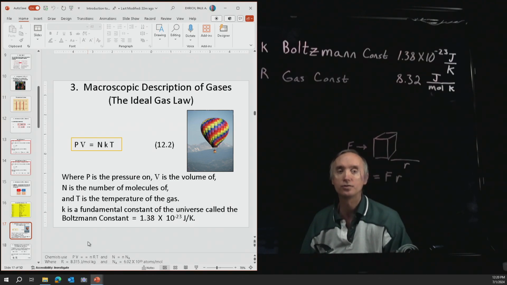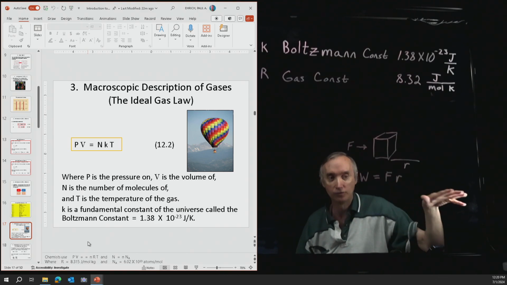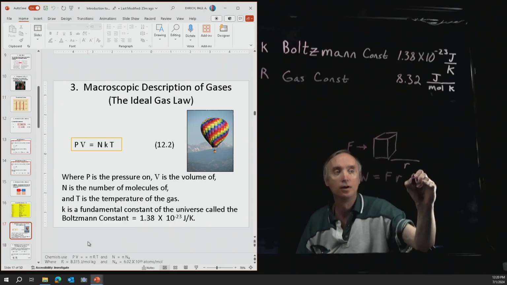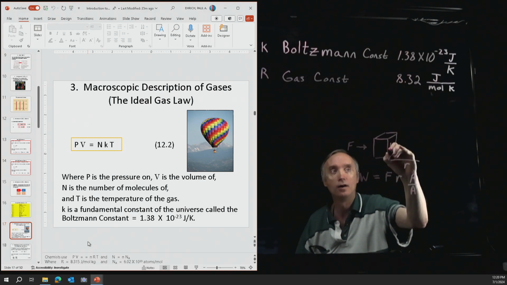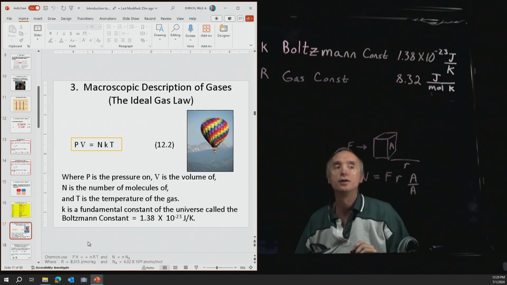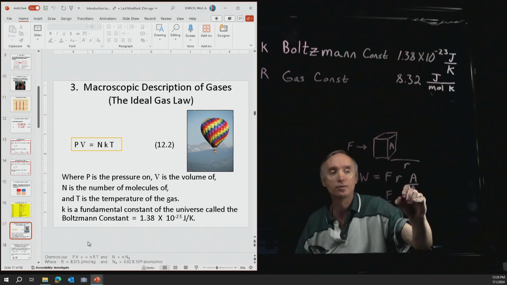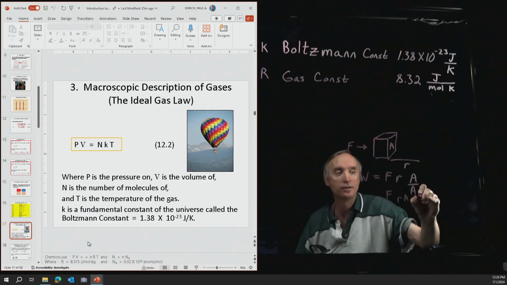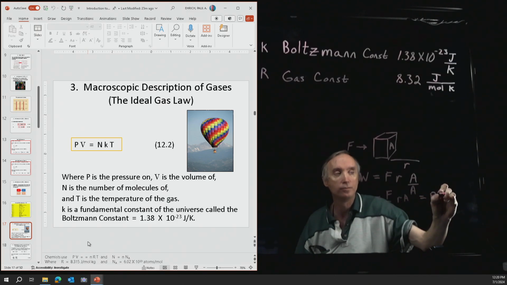We don't talk about forces when we're talking about fluids, things that can flow. So what I'm going to do here is multiply this by A over A, where A is the area of this end of the block. Now we've got a force divided by an area, and then a distance multiplied by an area. Force divided by area is pressure, and distance times area is volume.